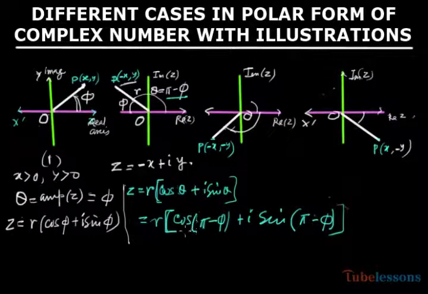So when any point lies in the second quadrant, its polar form will be in this form.